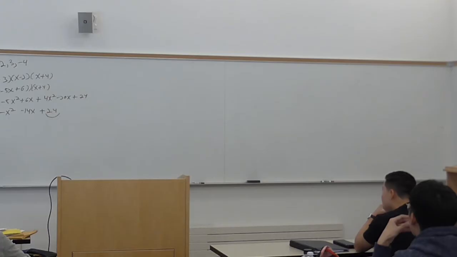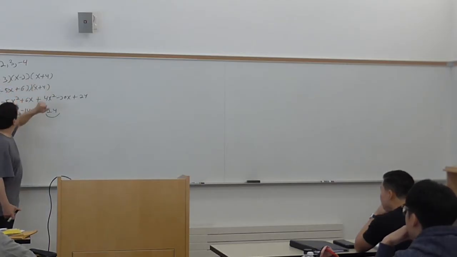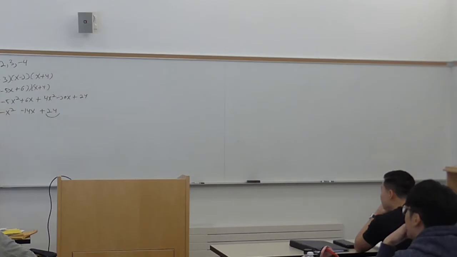A little less obvious, but kind of obvious, is that the coefficient of x cubed here, which is 1, is the product of the coefficients of the x's, 1, 1, and 1. If you think about that in reverse, if one of these had a non-1 coefficient, it would appear here too.